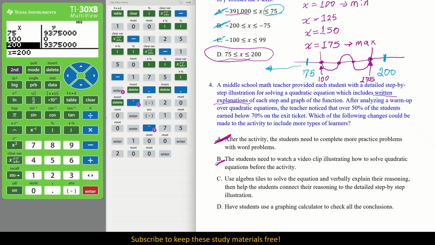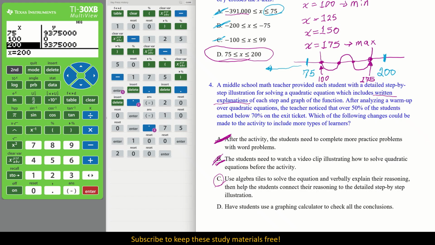Like they like the tiles, but sometimes just having them move step by step and doing it, and it won't take much to do, even though they think it's a little childish. Some students don't like doing it. They don't like getting out the algebra tiles. I thought they would, but it's interesting. However, if you go around and check them and see that they're doing it, and then just make those simple little connections, you'd be amazed the difference the next time around, and you'll capture more students. So I like C better than B.